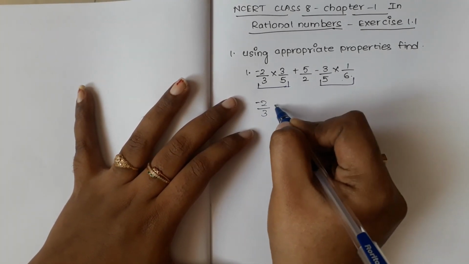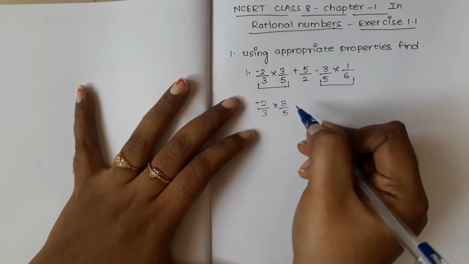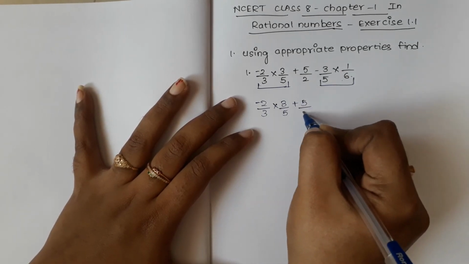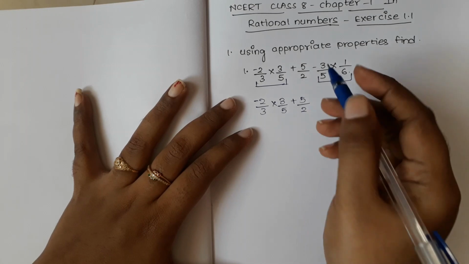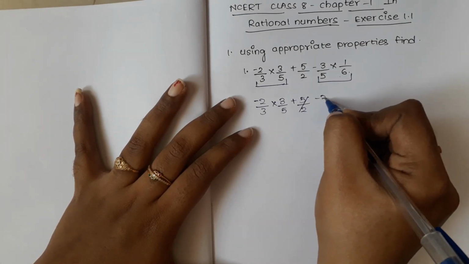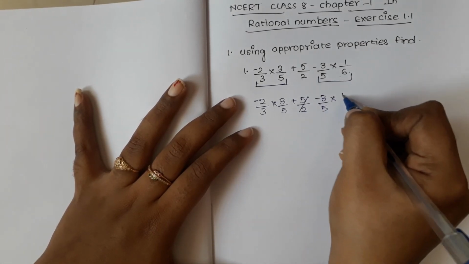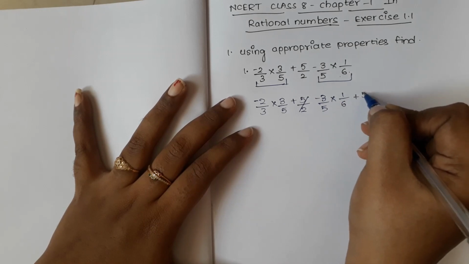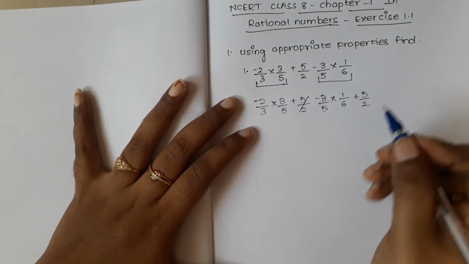Minus 2 by 3 into 3 by 5 plus 5 by 2, minus 3 by 5 into 1 by 6 plus 5 by 2.